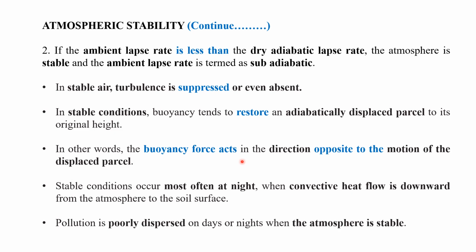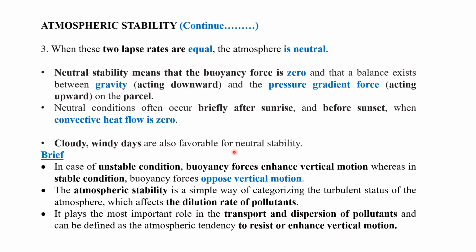So in stable conditions, the temperature goes on increasing with altitude. The movement of pollutants will not be as much as in unstable conditions. This is also called the temperature inversion condition. A stable condition is also called the temperature inversion condition.